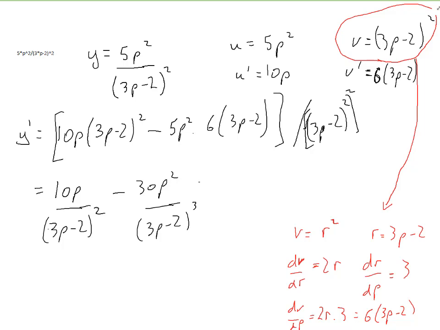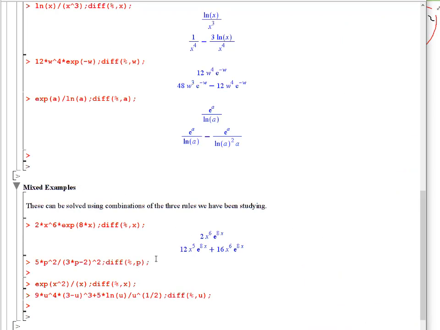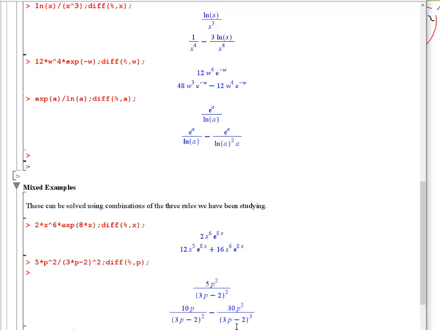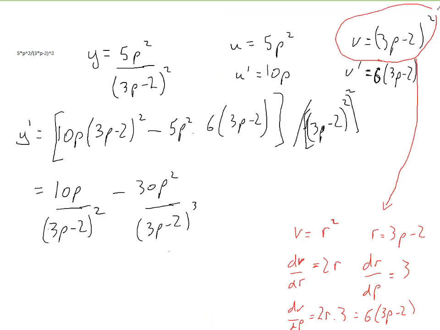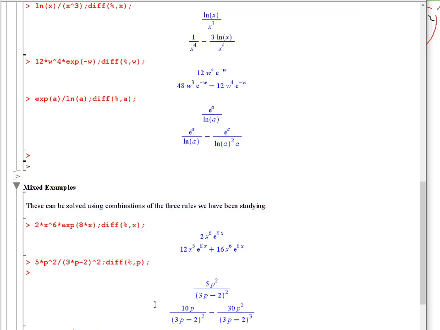And this hopefully gets us somewhere near to the Maple answer. But let's see if Maple will give us a thumbs up or a thumbs down. Yes, good. So we have that one correct.